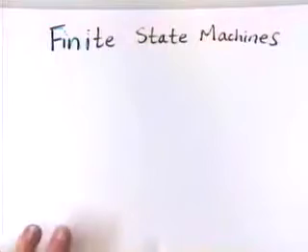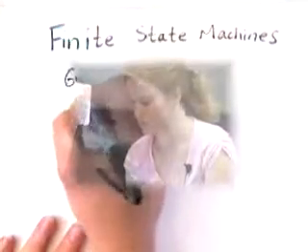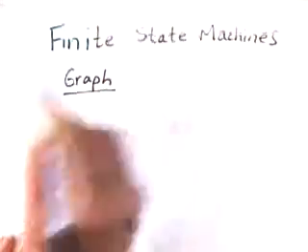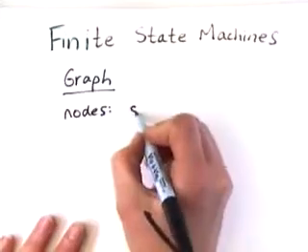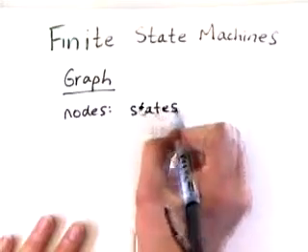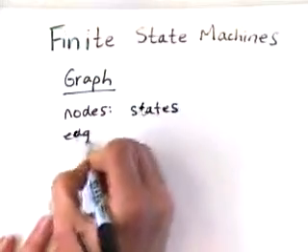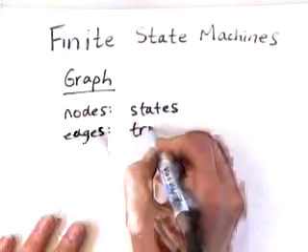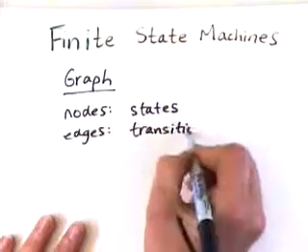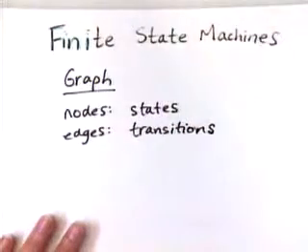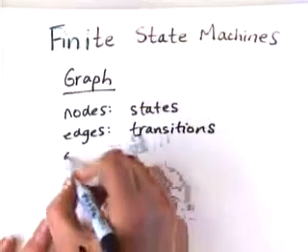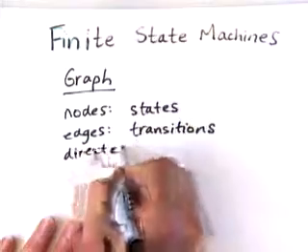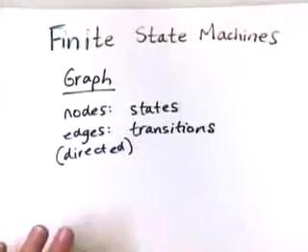So it's a type of graph. But the nodes in the graph are called states. And the edges are called transitions. And they're directed. So the edges are directed.